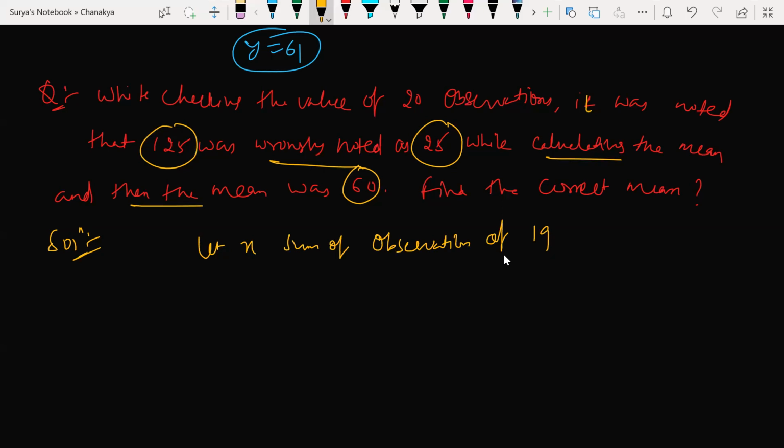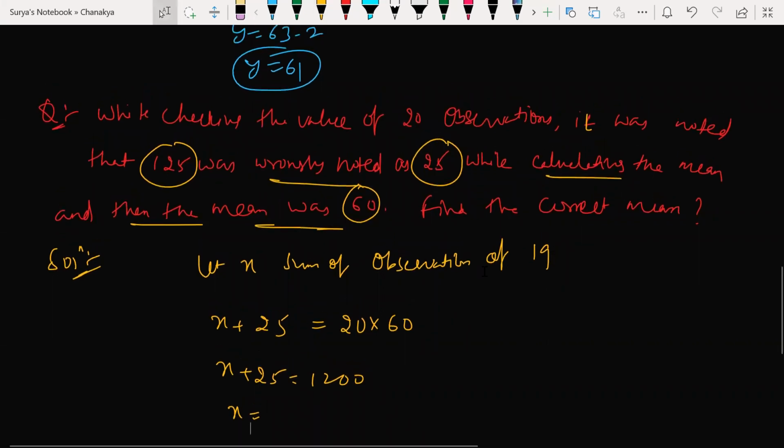I'm not taking 125 here. So x plus 25 is what they have used, but by mistake they have taken 125. So x plus 25 is equal to 20 into 60, because the mean was 60 for 20 observations. So x plus 25 is equal to 1200.